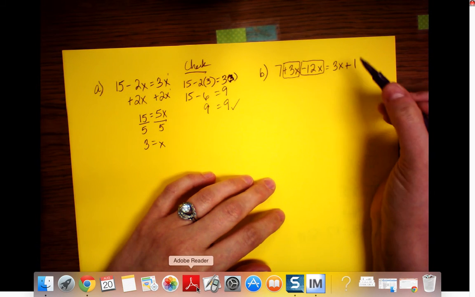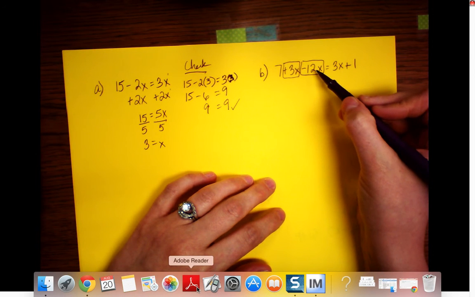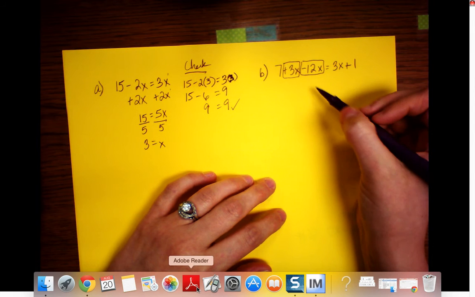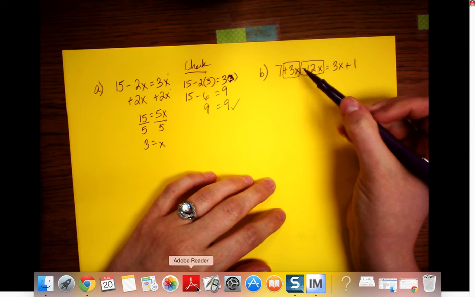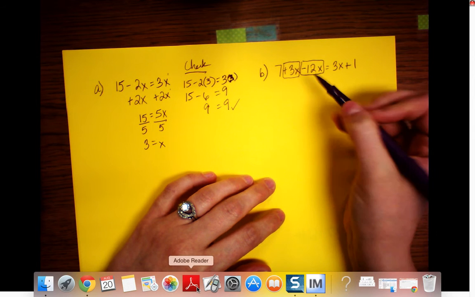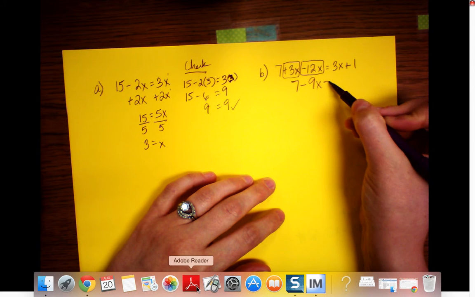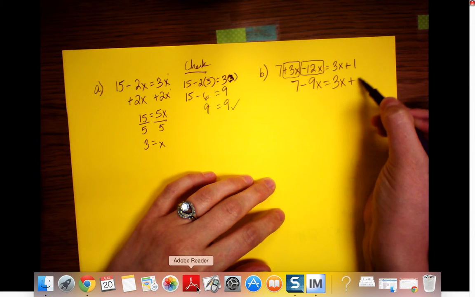We are just going to add those. So 3 plus negative 12 is going to be negative 9. Or we could say 3 minus 12 will still be negative 9. So 7 minus 9x equals 3x plus 1.